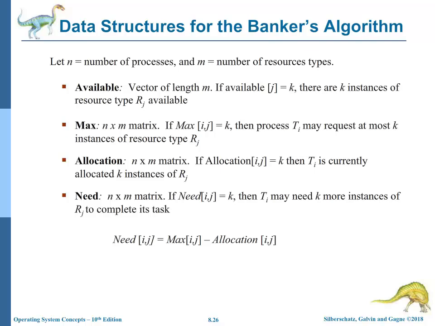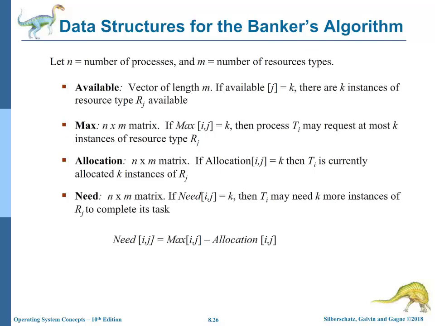Let n be the number of threads in the system, and m be the number of resource types. We have Available, a 1D array of size m, indicating the number of available resources of each type. So Available[j] = k means there are k instances of resource type Rj.